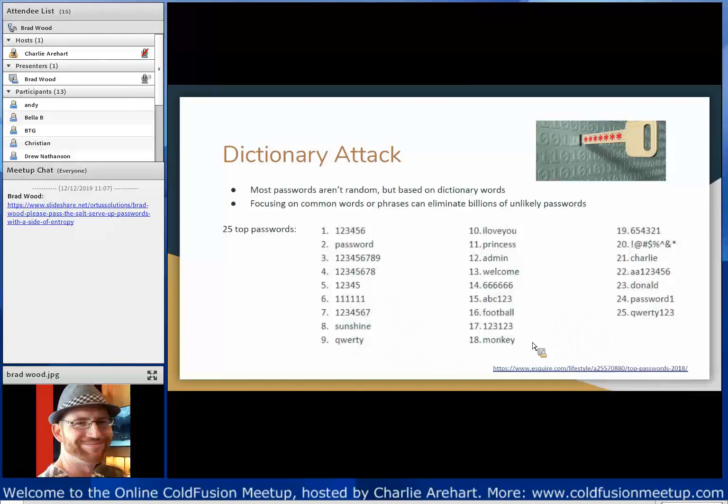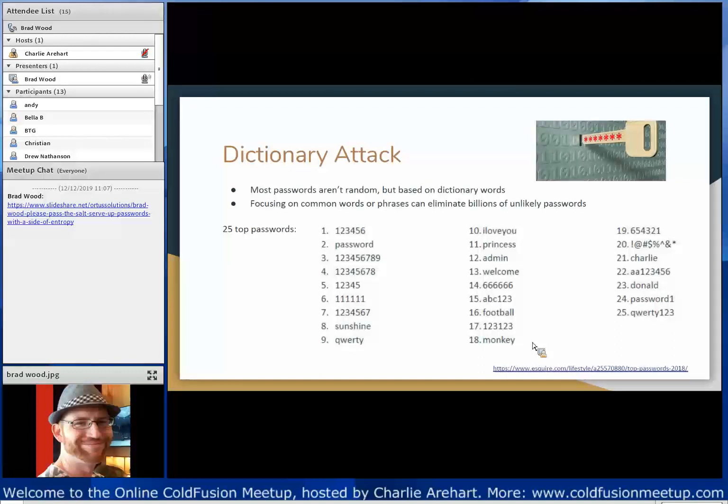Sunshine rings in as the first actual dictionary word. QWERTY. There's some funny ones in there. Charlie, I guess, is the 21st most used password. Donald, maybe it's all those Donald Trump fans using that one. I don't know. Number 20 is funny because if you hold down the shift key and just run your finger down the numbers 1, 2, 3, 4, 5, 6, those are exactly the characters you get.